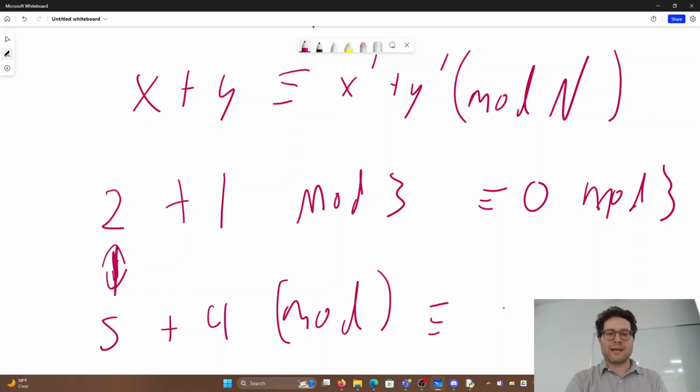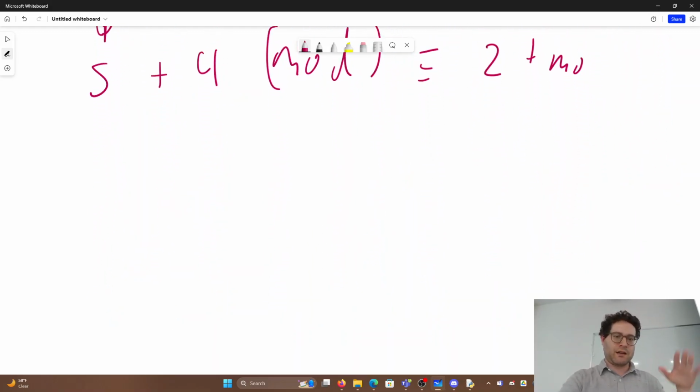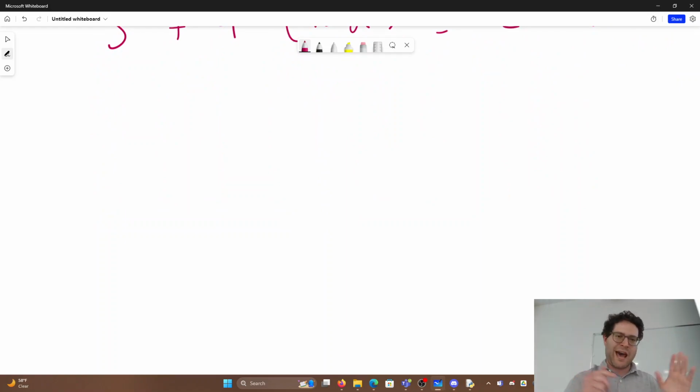That's equivalent to us saying, again, 2 plus 1 mod 3, which is, again, 0. And if you check the math, 5 plus 4 is 9. So we're saying basically that you can take shortcuts with addition if you need to. Okay? We can substitute x and y whenever. Although we haven't fully justified that, it comes from these substitution rules, plus the fact that we get our standard associative, commutative, and distributive rules.